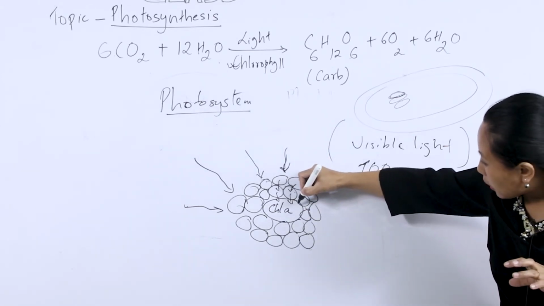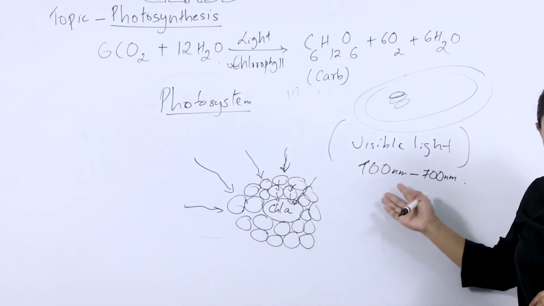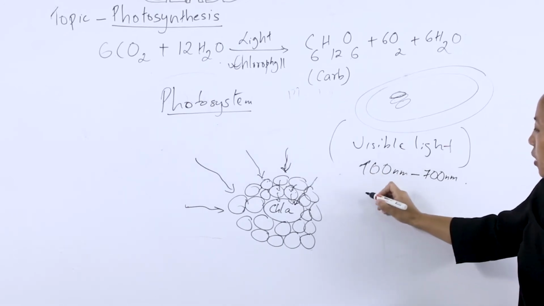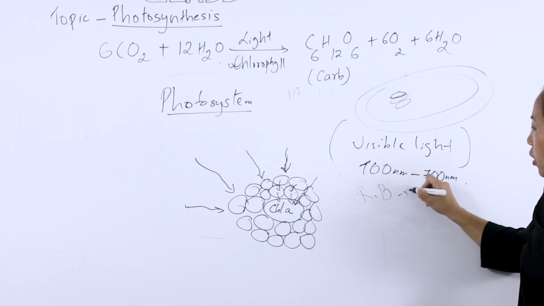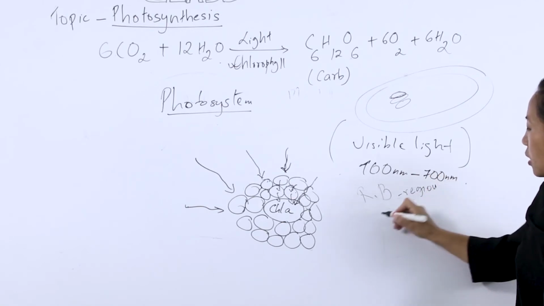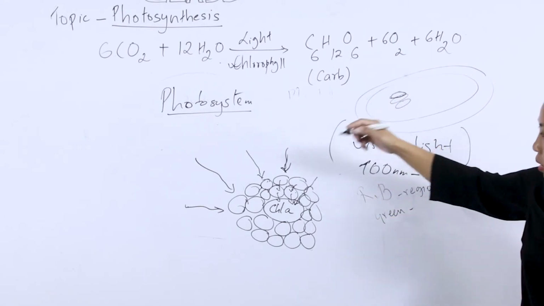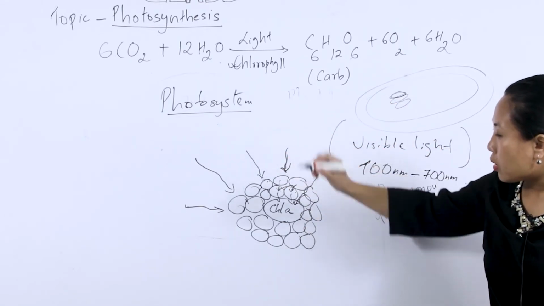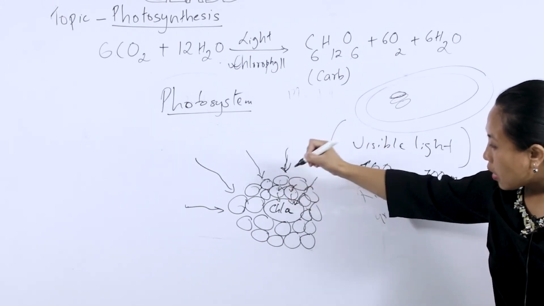In the meantime, this chlorophyll A molecule also absorbs light of its own wavelength. Photosynthesis takes place maximum in the red and blue regions, while it is minimum in the green region.